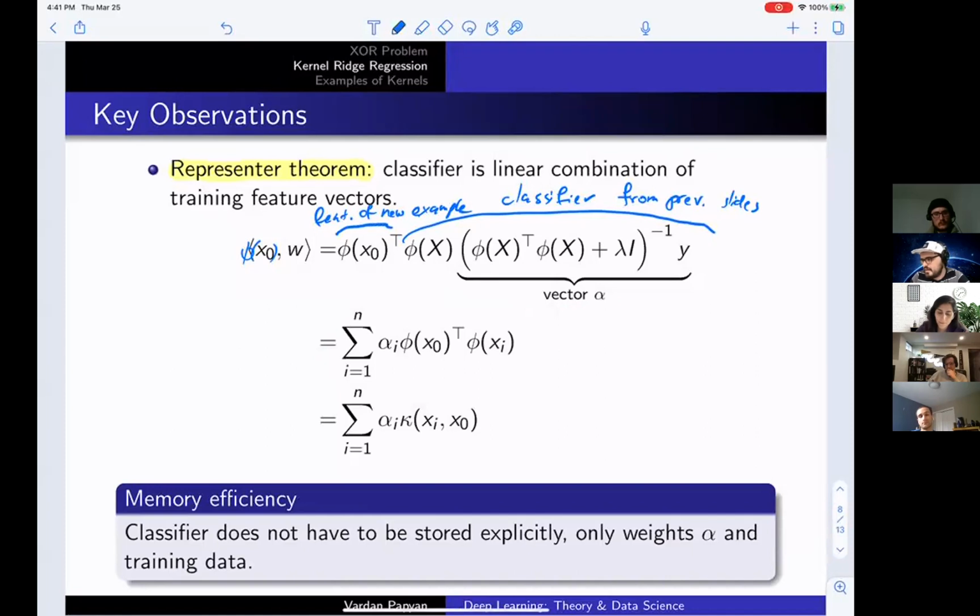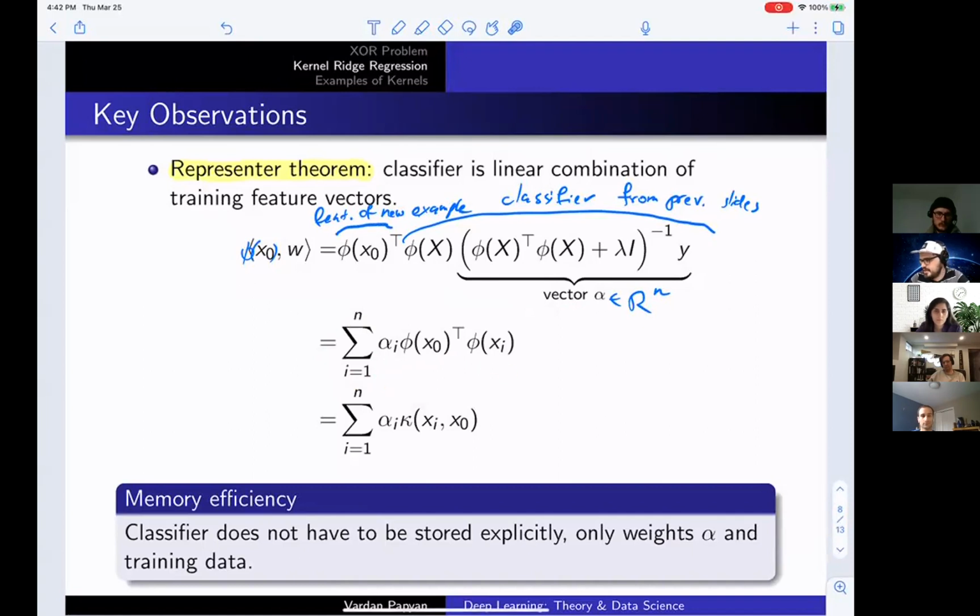So alpha is a vector and its dimension is R^n, okay? And so using this notation, we can rewrite the previous equation as the sum over i from 1 to n of alpha_i phi(x0) transpose phi(xi).